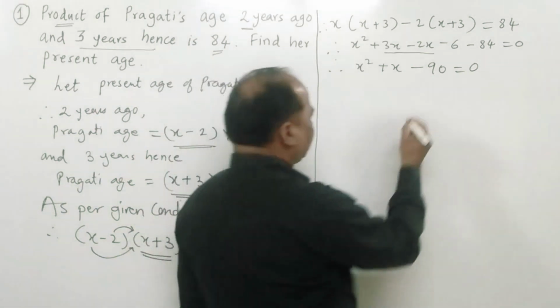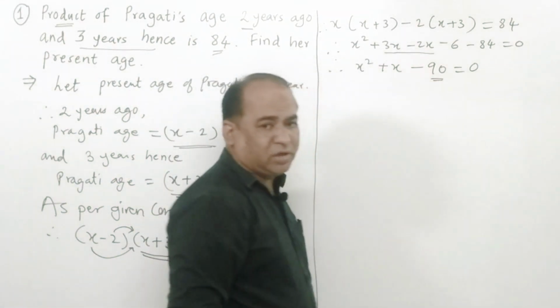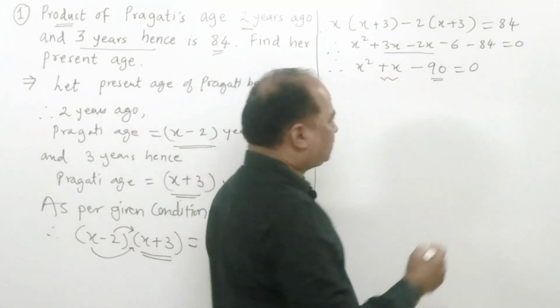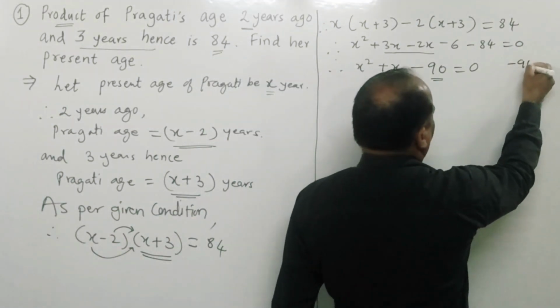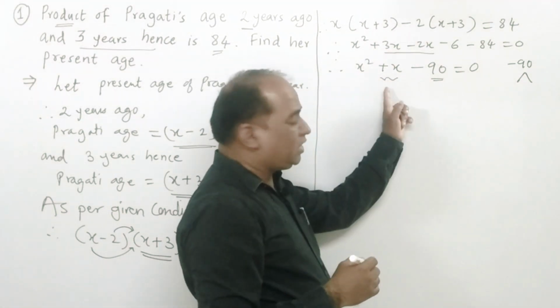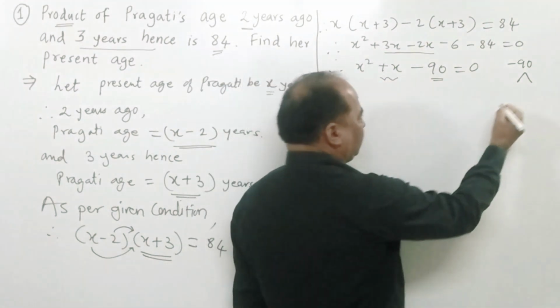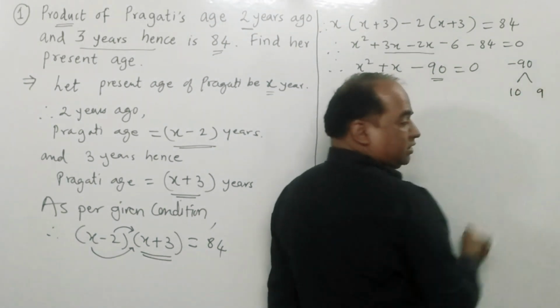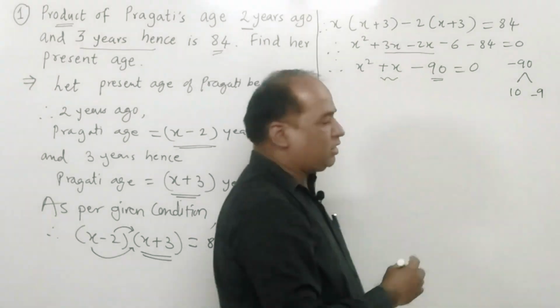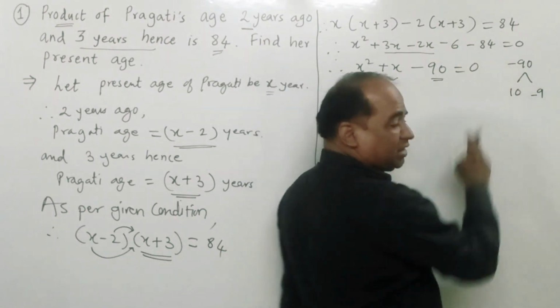Now, to solve this quadratic equation, we need factors of the third term such that the middle term will be 1. The third term is minus 90, so we need factors of minus 90 such that the middle term comes to 1. 10 into 9 is 90, and 10 minus 9 is 1, so 10 into minus 9 is minus 90.